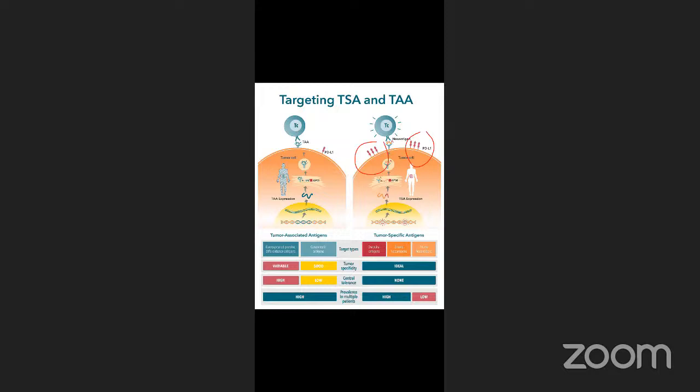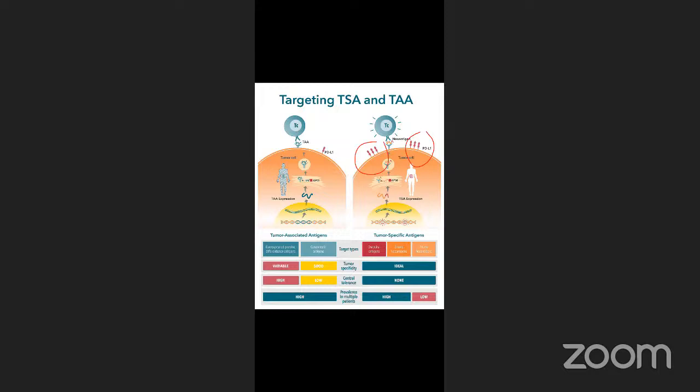In general, what happens at the surface? A normal cell presents self peptide on the class one MHC molecule. Coming to the other cases, an altered cell shows expression of the mutated gene into new peptides, which is one of the reasons, and expression of viral protein is another reason for the conversion. Then oncofetal: inappropriate expression of embryonic genes also may lead to the conversion of the surface antigens.